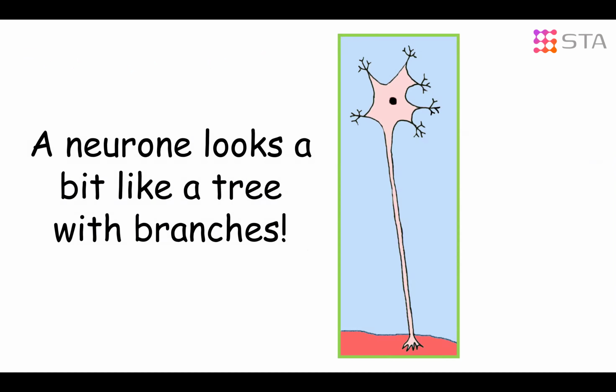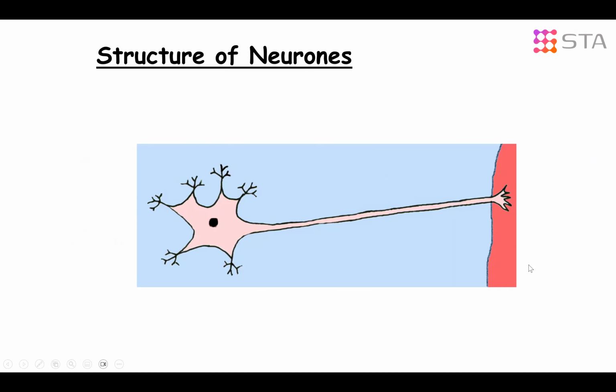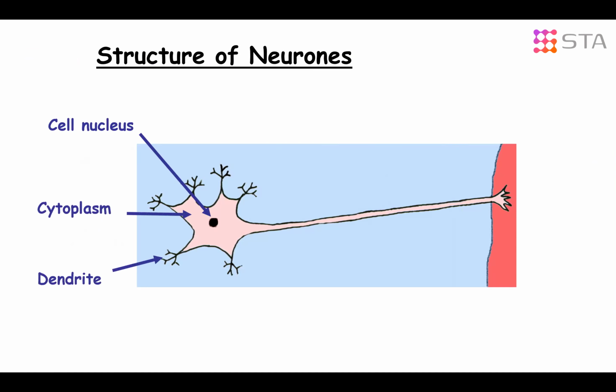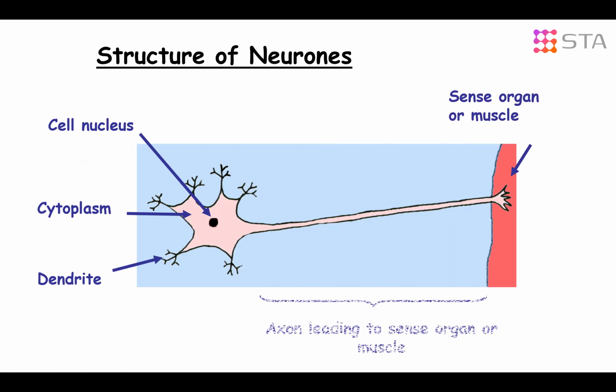Right, so what does a neuron actually look like? It looks like a tree essentially with little branches that either pass information on or they collect information. Usually they collect information, these little branches, and they pass them on the long part of the neuron, which is called an axon. Okay, now at GCSE, you don't really need to know that term axon.